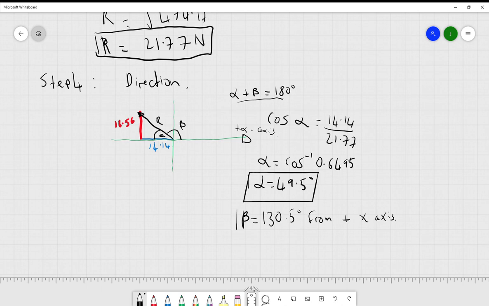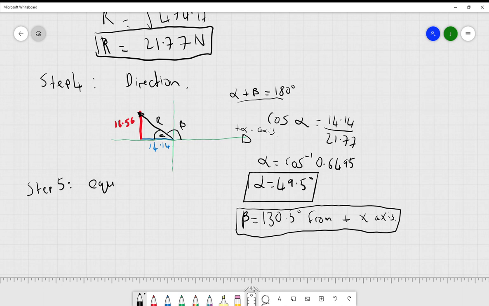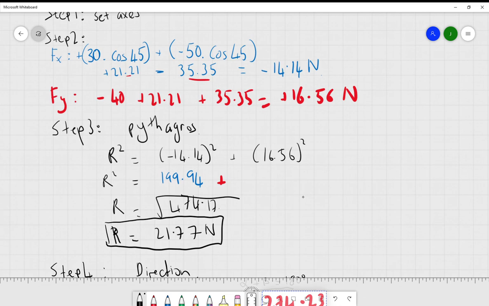Okay, so that is the direction that you should present to me if you're getting the resultant. So this resultant, this beta, is 130.5 degrees from the positive x-axis. But I'm asking, and step 5, which is the added part for when you're looking for equilibrium, is the equal but opposite of this resultant. So if we go back up here to the question and try to visualize what's going on here.